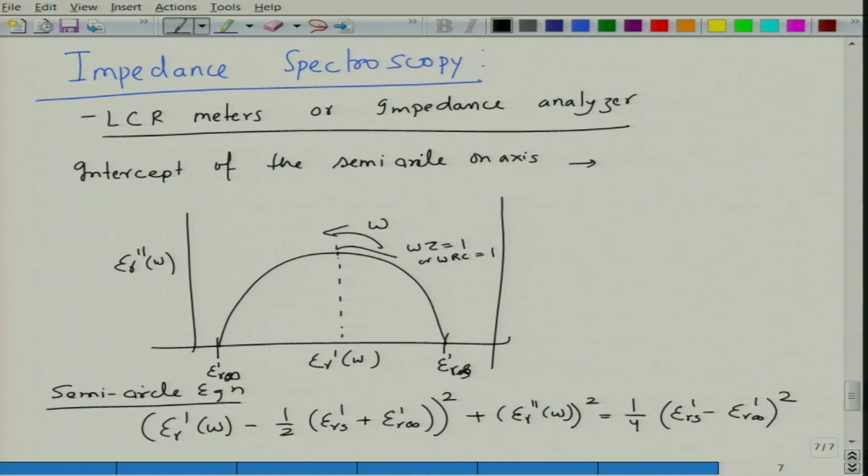If you Google what is the equation of a semicircle, you will find a similar form.